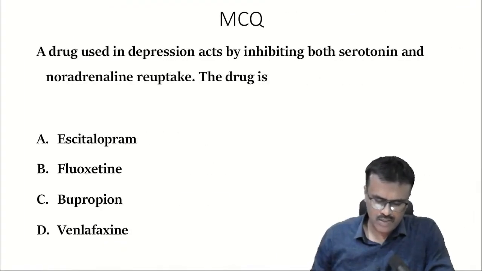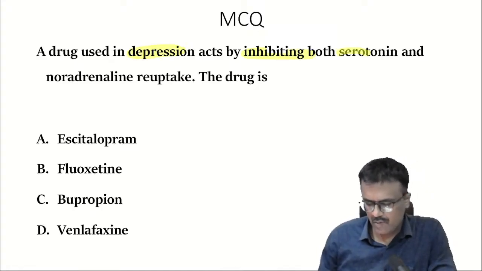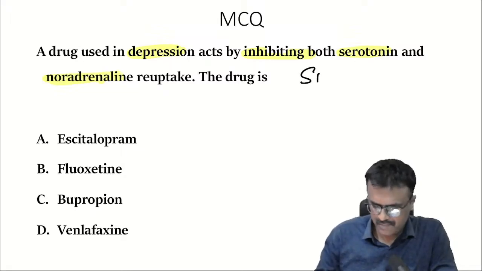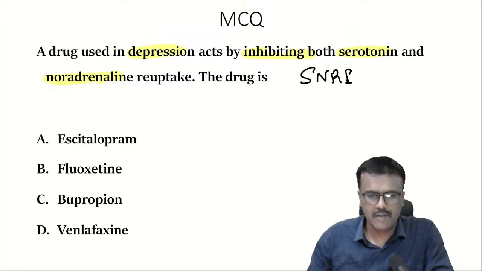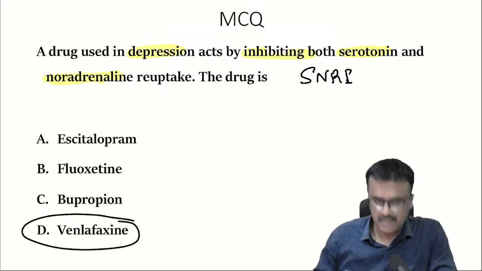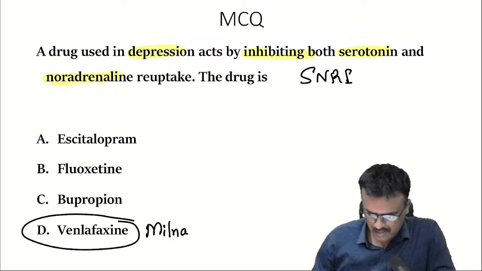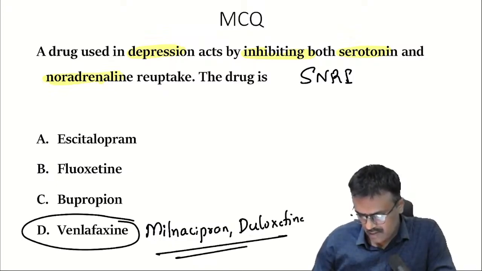Then moving on to the next one, a drug used for depression, which acts by inhibiting both serotonin and norepinephrine reuptake, that is an SNRI. So which of the following is an SNRI? SNRIs are venlafaxine, milnacipran, duloxetine, these three are SNRIs.